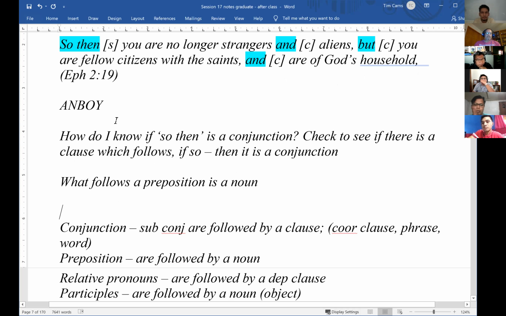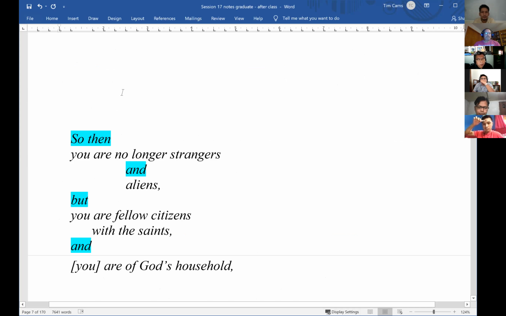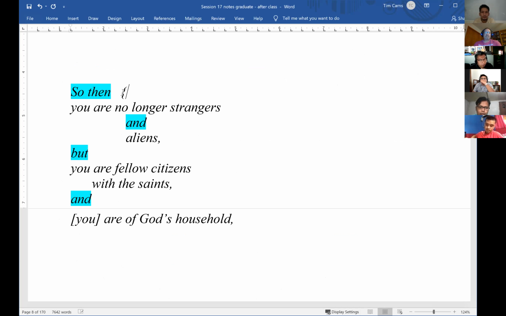Okay, let's pick up another. So here's the diagram. And as Tab said, this "so then" is a subordinating conjunction. If you remember a couple weeks ago, we discussed how sometimes a sentence can begin with a coordinating or subordinating conjunction. And if it does, it's making a connection to a verse, a sentence, a paragraph, or a section before.